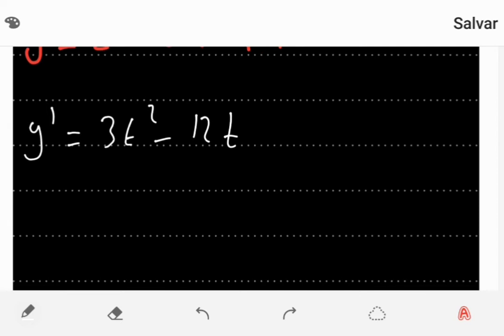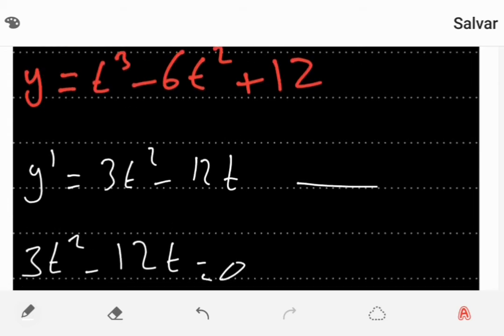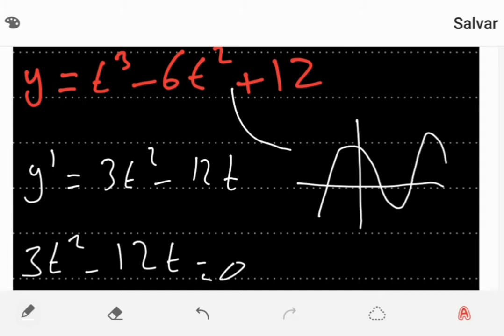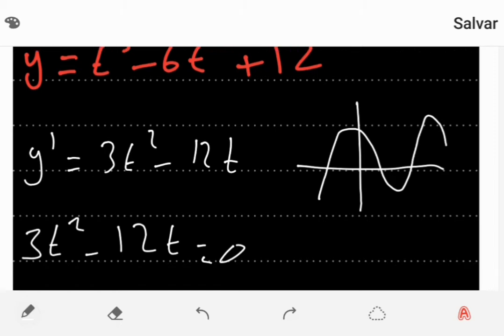So if we want to find maximums and minimums, 3t squared minus 12t is equal to 0. Remember, the derivative gives you a slope, so let's say this is this function over here. The derivative gives us the slope in each point. If you want the points of maximum and minimum, the derivative is 0 because the slope is 0, okay?